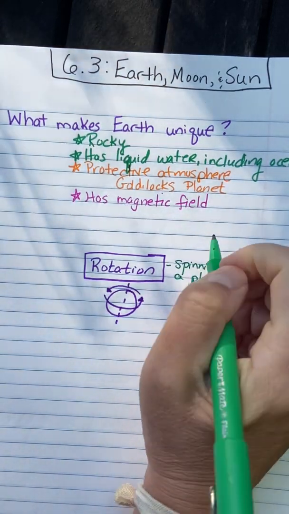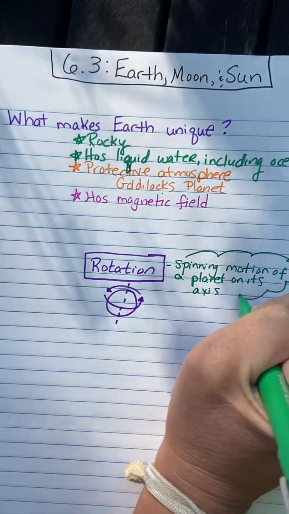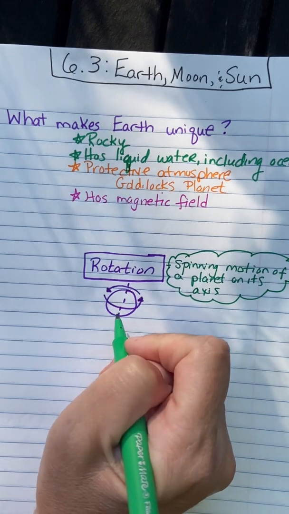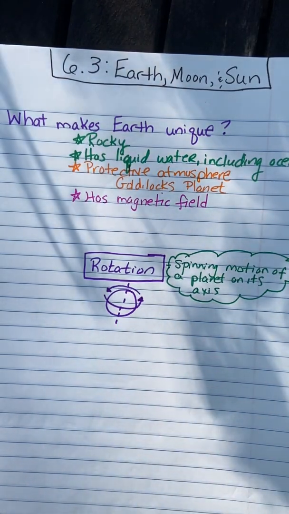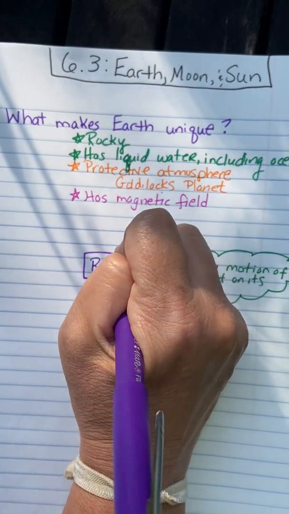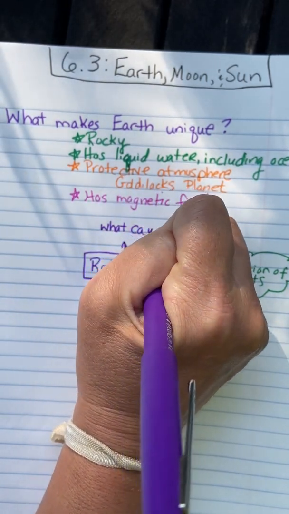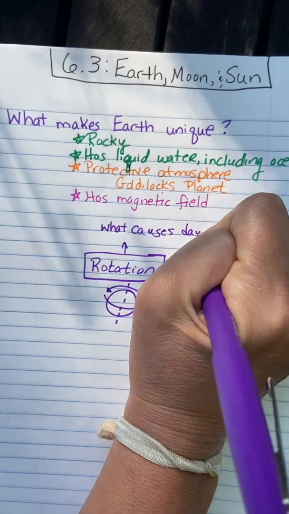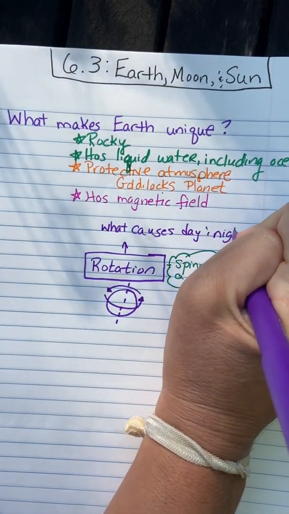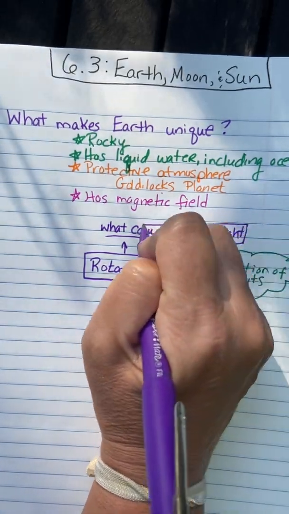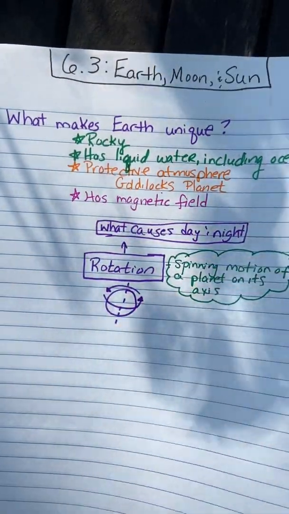So the axis is that imaginary line that goes through a planet. So it rotates around its axis, okay? We know that is what, for us, causes day and night. As we're facing the sun, it's day, and as we're away from the sun, it's night, okay?